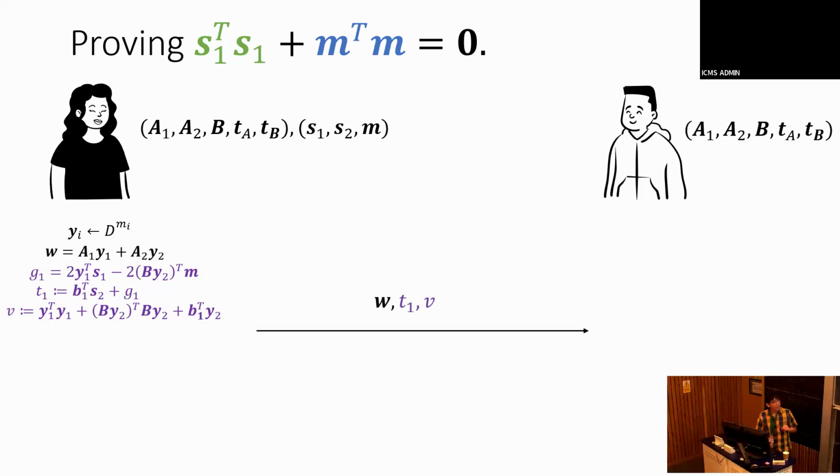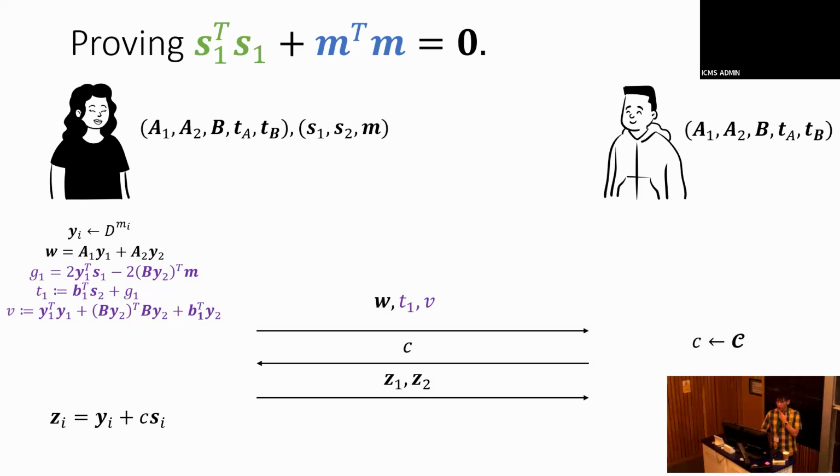Then I send this information. The verifier gives me C, and I send Z equal to Yi plus C Si. So the black part is literally just the opening proof. Now I'm appending a lot of other stuff to prove quadratic equations. Then the verifier checks, as before, that the Zi's are short: A1 Z1 plus A2 Z2 is equal to W plus CTA.